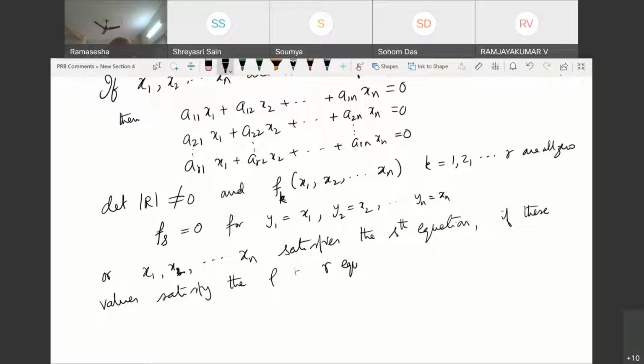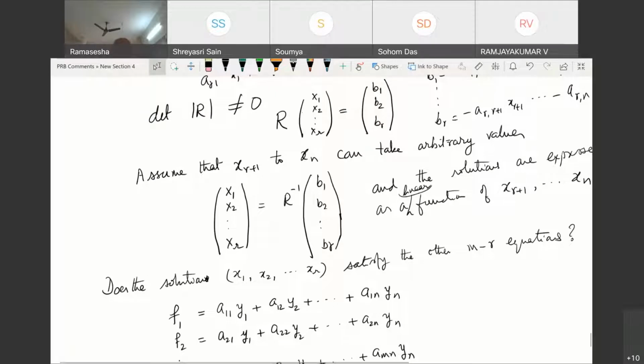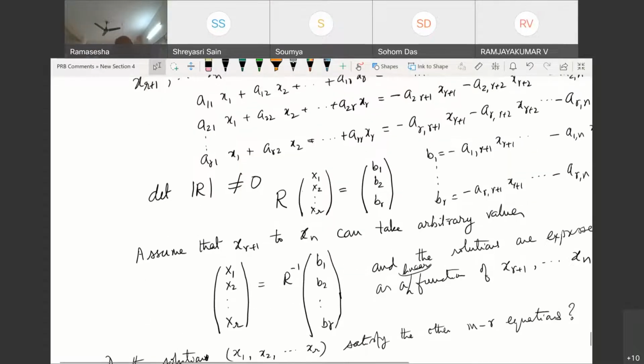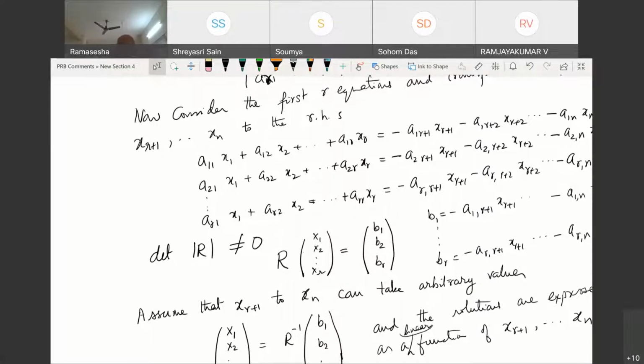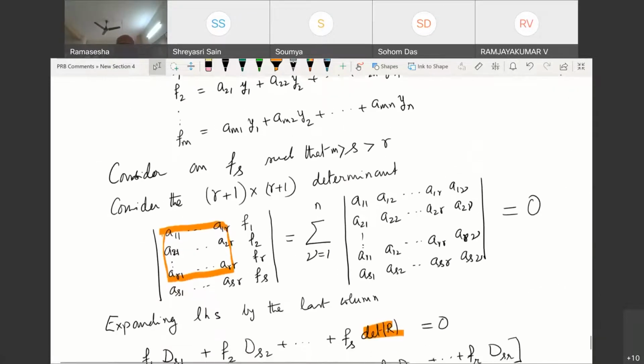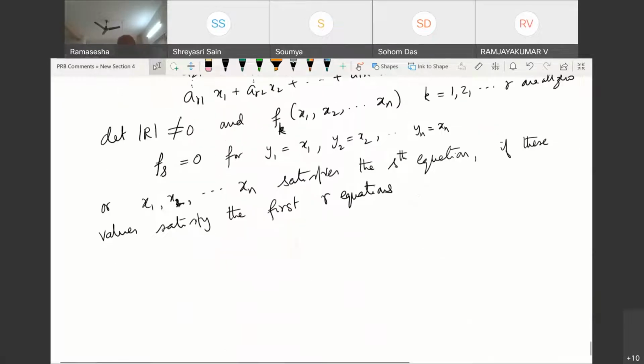Clear? So what I had done was I got a solution for the first R equations, and so I knew x1, x2, up to xr, with xr plus 1 to xn arbitrary. So I knew the solutions. Because I knew the solutions, all I showed was the same solution satisfies the remaining equations also. So we have been able to solve.